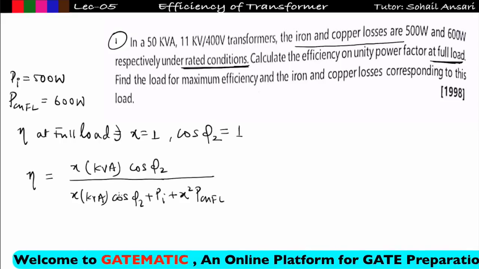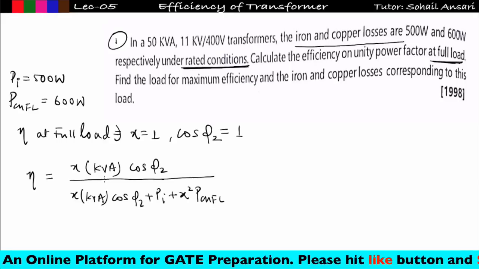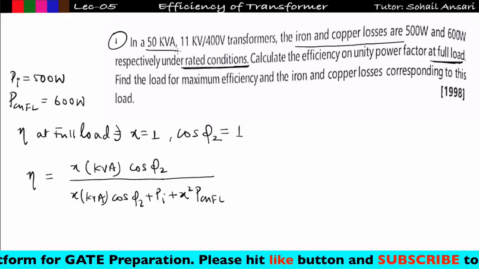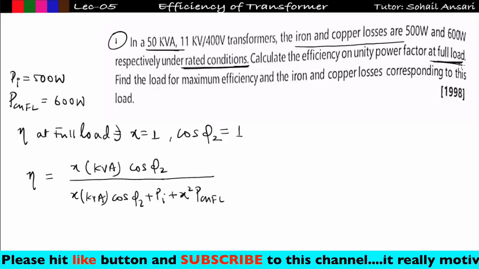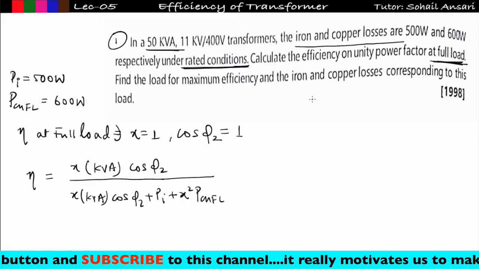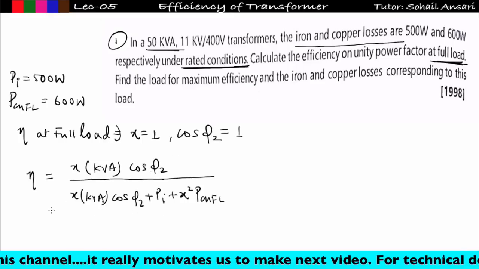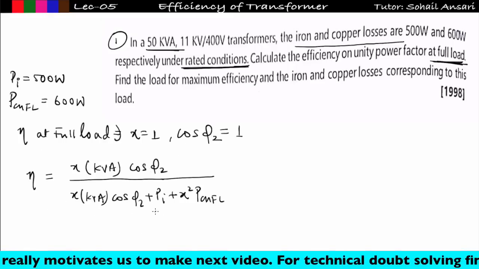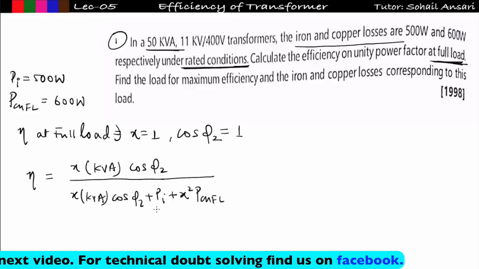Now you can understand why I denoted the formula of efficiency in terms of x and kVA, because 50 kVA is given, so I can write 50 directly, x is 1 at full load, and cos phi 2 is 1. You may say you will instead use V2I2 cos phi 2 by V2I2 cos phi 2 plus Pi plus PCU.